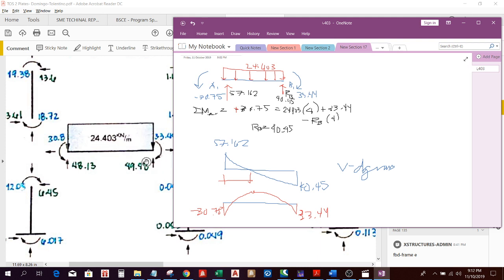Oh no. I don't have the lever arm here, which is 2.